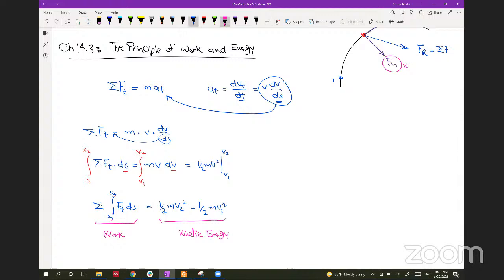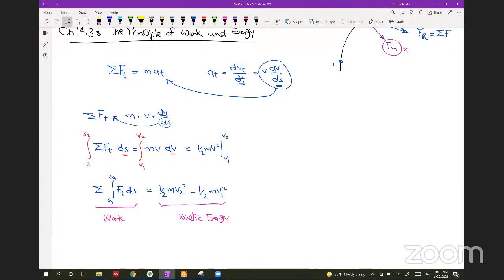This work is the work from point 1 to 2, half m v2 squared is the kinetic energy at position 2, and half m v1 squared is the kinetic energy at position 1. So this formula tells us that the work exerted on a particle equals the kinetic energy at the final position minus the kinetic energy at the start position.